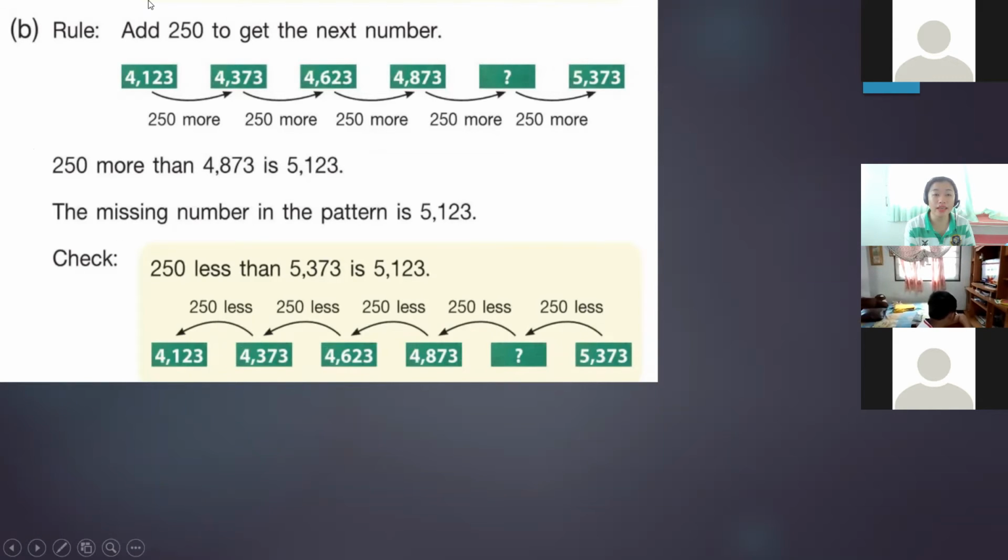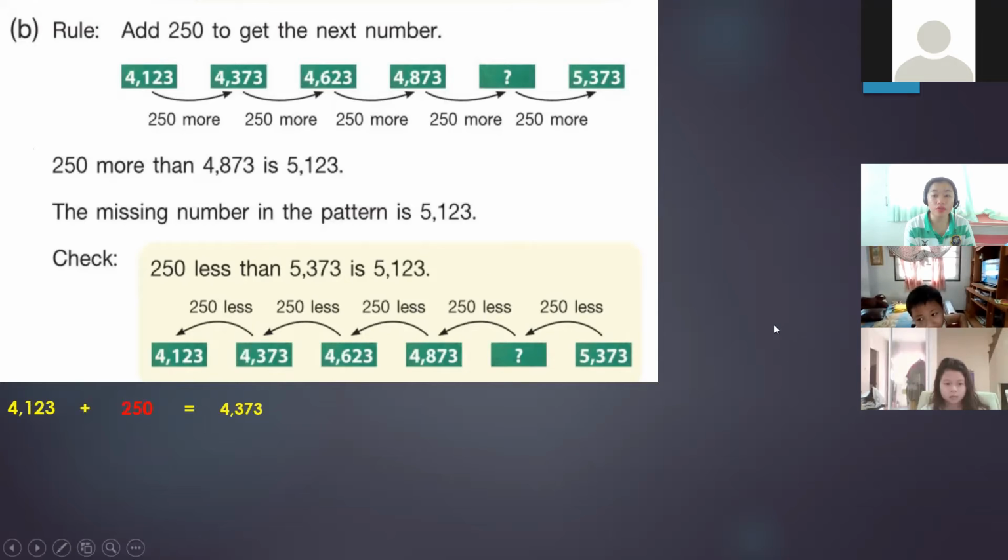Okay, so the rule in this pattern is add 250 to get the next number. So in this pattern, we're going to add 250 to the numbers. We start with 4,123 plus 250 is equal to 4,373.